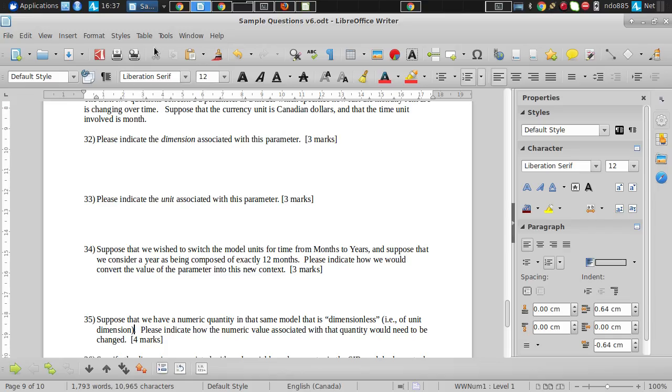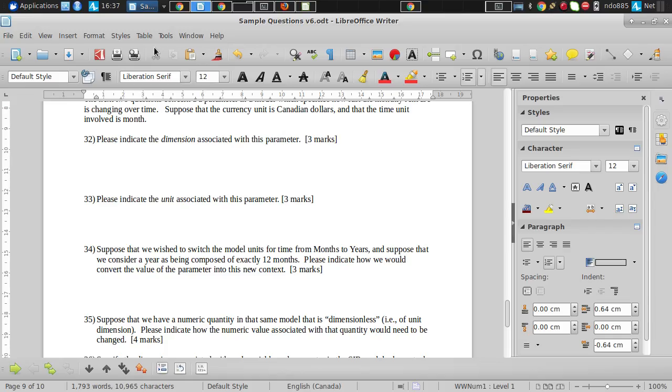So it can be really valuable. Those are some of the advantages of dimensional analysis. So dimensionless quantities of unit dimension will not have to change their values as we change from one unit system to another. Okay? Any other questions?